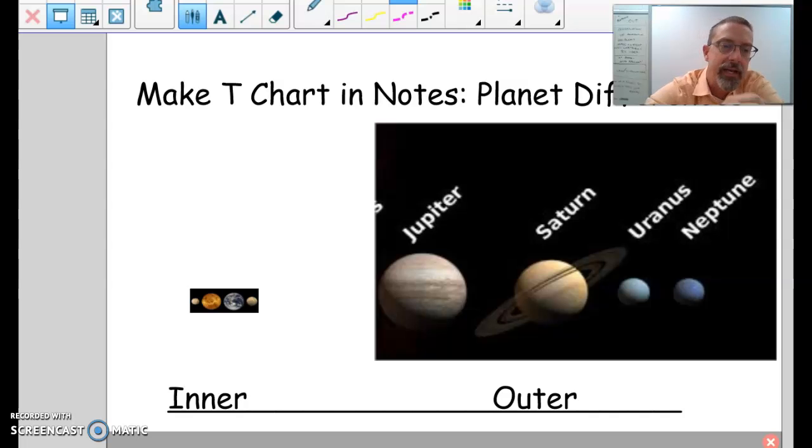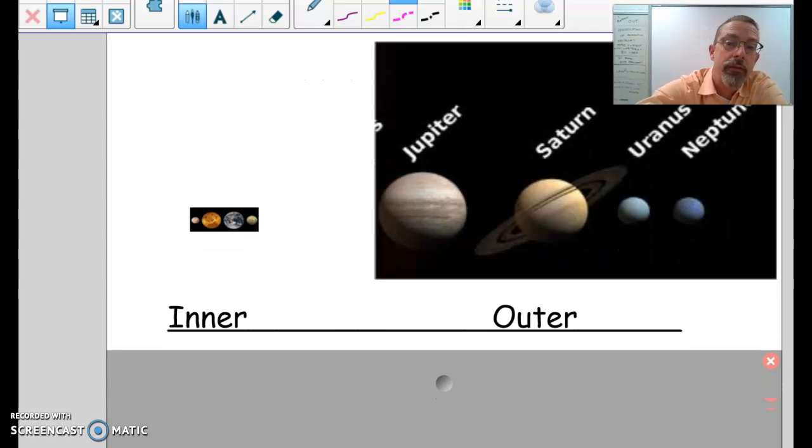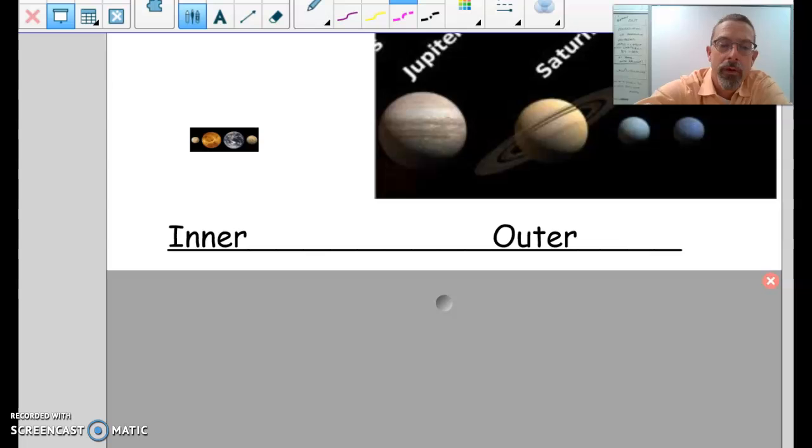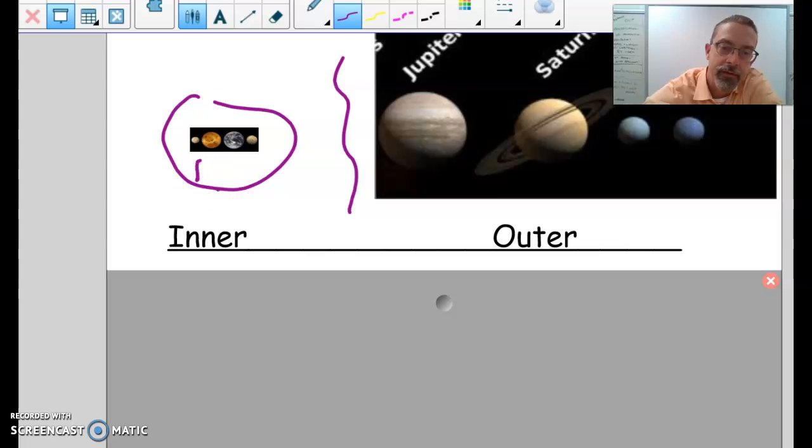That explains a lot of the differences between these objects. So I want to explain that a little bit here. We can see that there is a divide between our inner planets of Mercury, Venus, Earth, and Mars, and our outer planets of Jupiter, Saturn, Uranus, and Neptune.